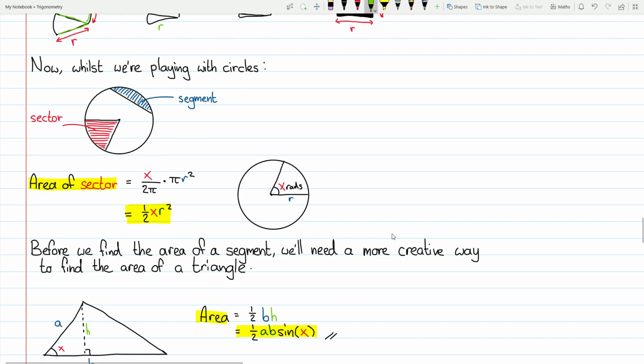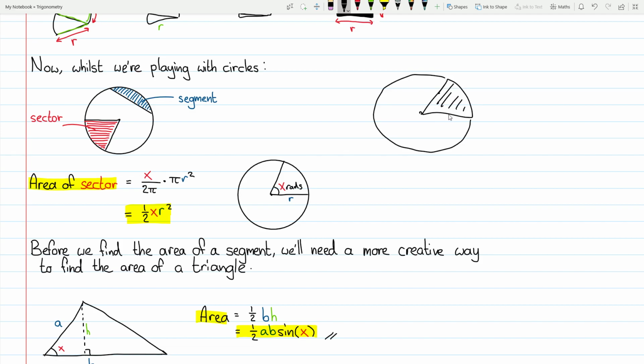So what other areas of circles are we interested in? Well, we're going to be looking at sectors and segments. So how do we find the area of a sector? Well, again, we're going to use this proportion argument. The area of this sector is going to be some proportion of the whole area.